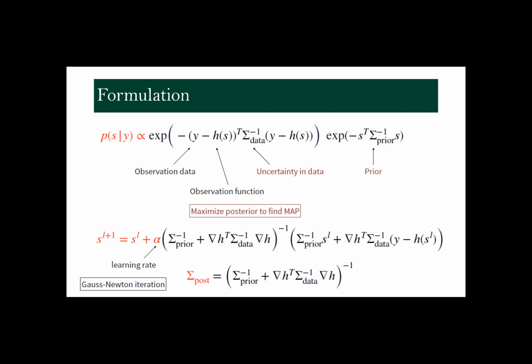So you use this iterative approach to find the best estimate. Once you have the best estimate, you can linearize around it to get the posterior covariance matrix, or the second moment of uncertainty. Using the Cramer-Rao lower bound, this is basically the lower bound of the uncertainty of your estimate.